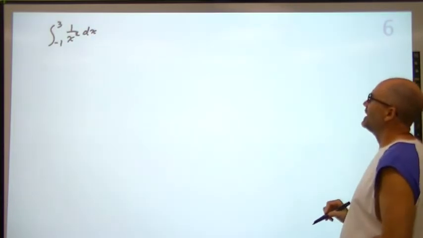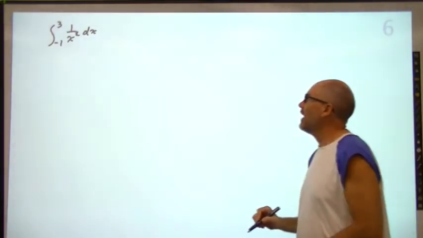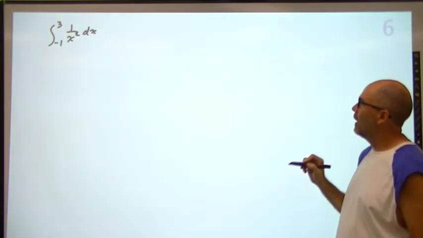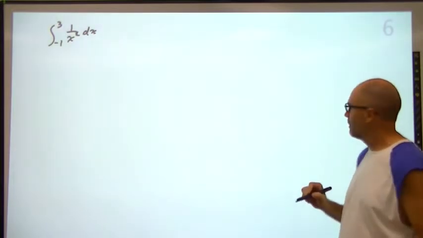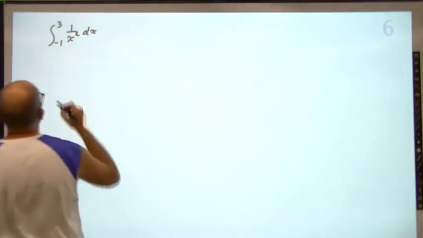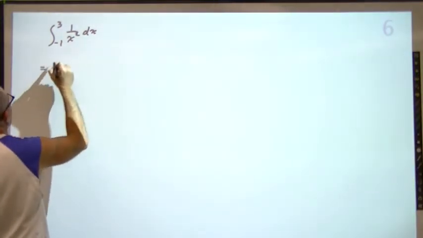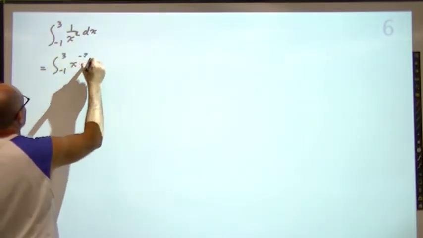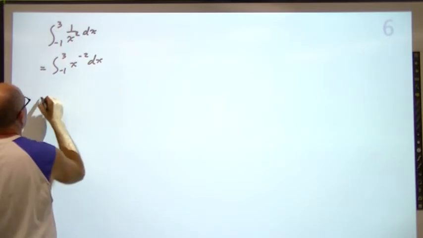All right, one more delicious example problem. That is the integral from negative 1 to 3 of 1 over x squared dx. Okay, so I should be able to do the integral from negative 1 to 3 of x to the negative 2 dx.